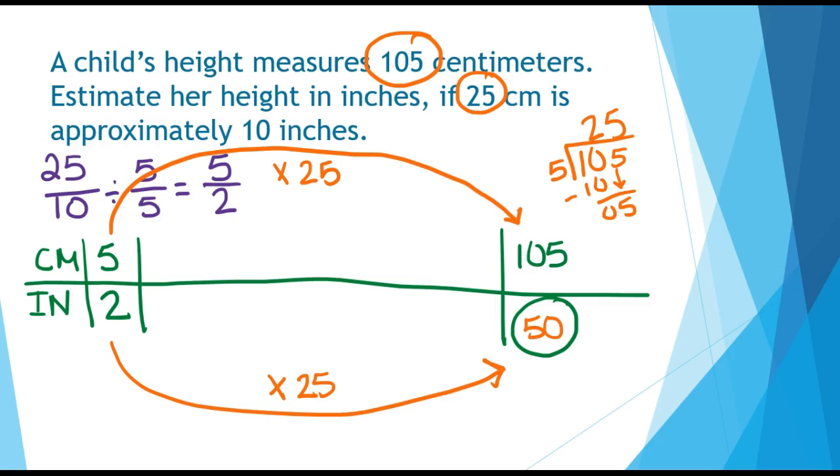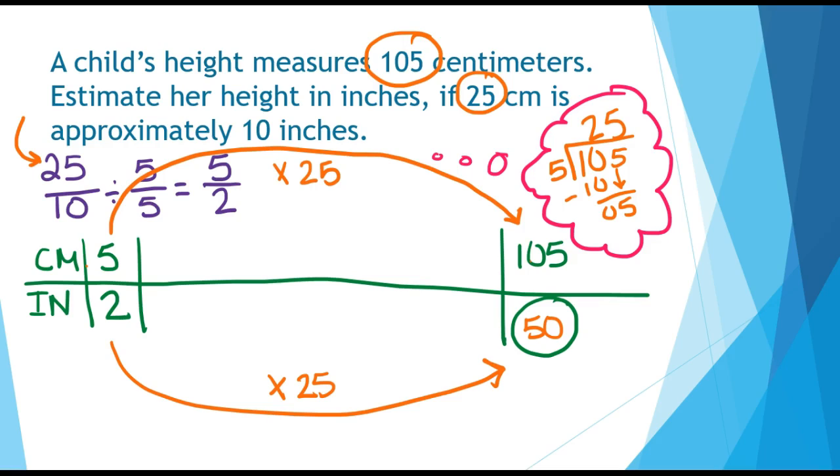So this is why I went back to finding the basic ratio. Then I can easily say, I need to figure out how many sets of 5 I need to make 105, and you can definitely use division to help us do that. That's just a thought bubble to help you out.